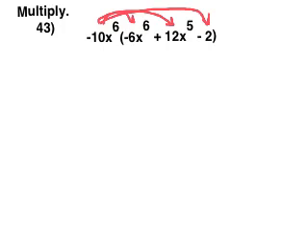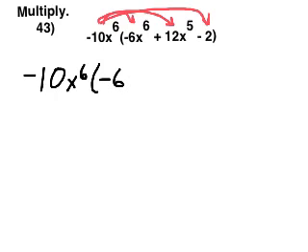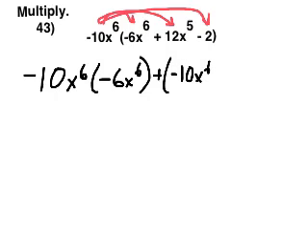And what I'd recommend, if this is kind of confusing for you, don't do the thing in your head. Instead, write what this means. It means a negative 10x to the sixth times a negative 6x to the sixth plus a negative 10x to the sixth times 12x to the fifth.